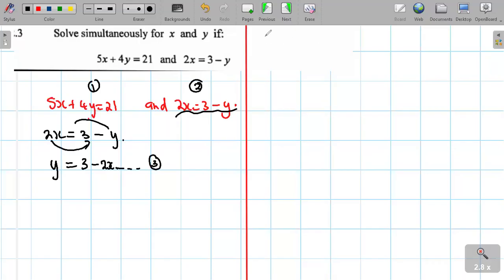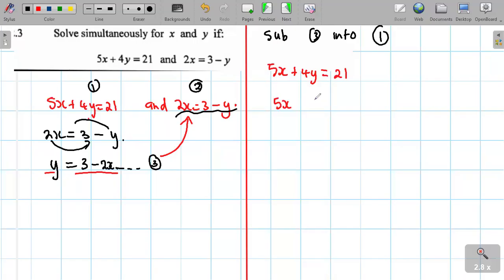So I'm going to substitute equation 3 into equation 1. I got equation 3 from equation 2. Wherever I see y, I'm going to put this. Let me rewrite it: 5x plus 4y equals 21. I'm going to have 5x plus 4 into (3 minus 2x) equals 21.